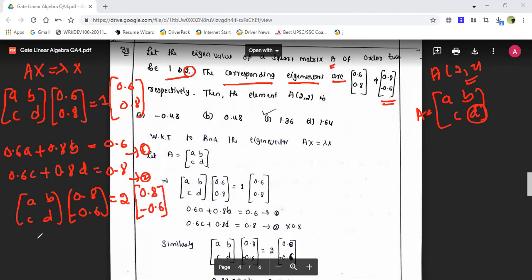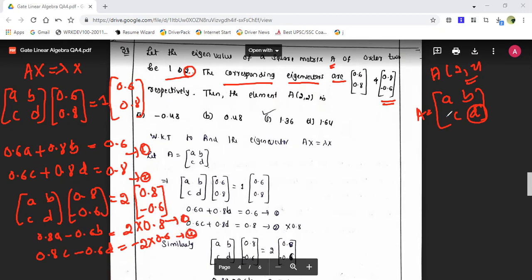Now again multiplying, this will be 0.8a - 0.6b = 2 times 0.8, and 0.8c - 0.6d = -2 times 0.6. Let me take this as equation 3 and this as equation 4.